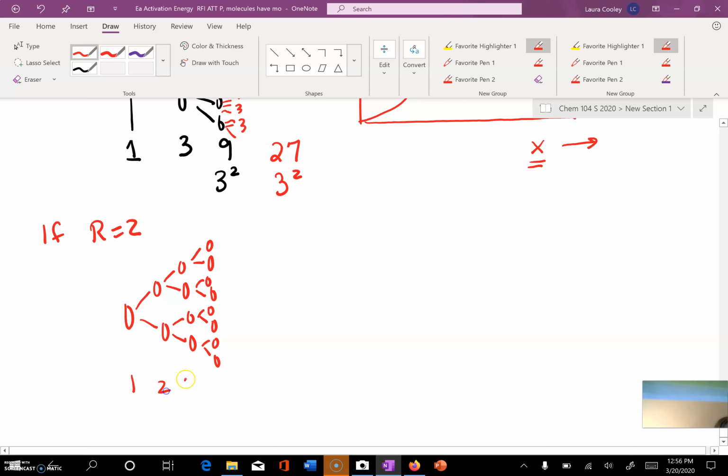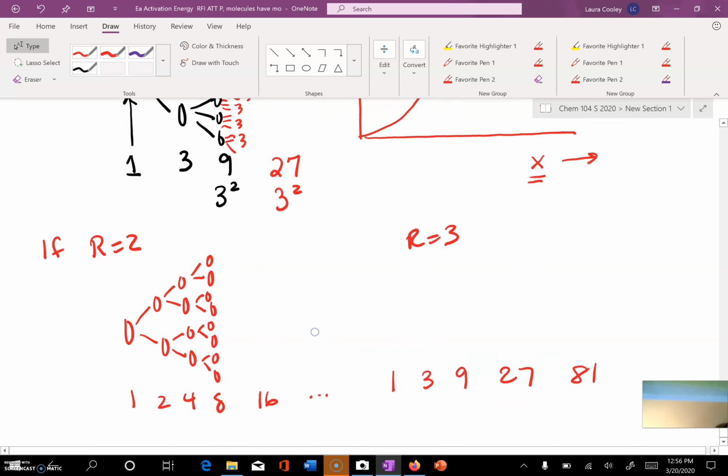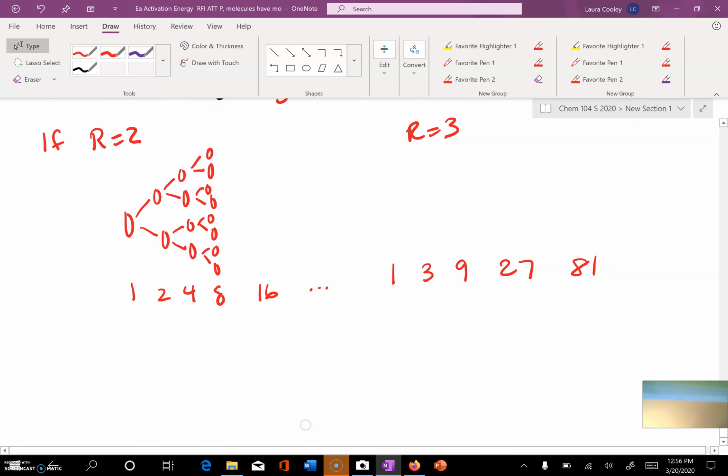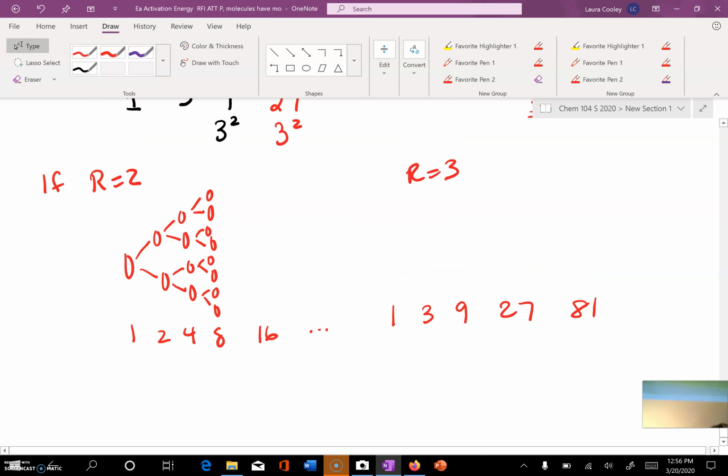So here we have 1, 2, 4, 8, and then it'll be 16, etc. If R is equal to 3, it's going to be 1, 3, 9, 27. What's 27 times 3? Whatever that is, like 81, I guess. Okay. So anyway, just thought I'd mention that because there's all this talk about exponential growth and everything out there, and since we're covering this, I thought I would just tell you a little bit about that.